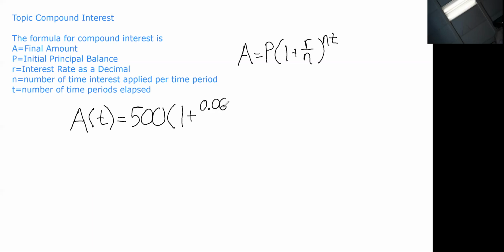It's 6%, so 0.06, divided by the number of times interest is applied per time period. This is only one time, times the number of time periods elapsed, which is t.